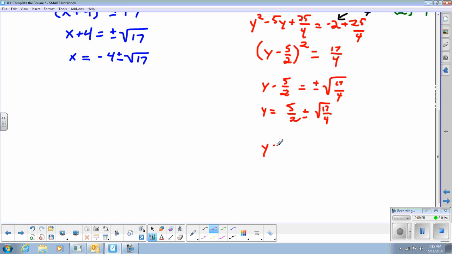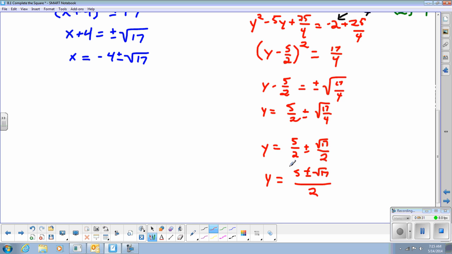So y equals 5 halves plus or minus the square root of 17 over 2. And since I have a common denominator here, y equals 5 plus or minus the square root of 17, all over 2. And then I'm done at that point.